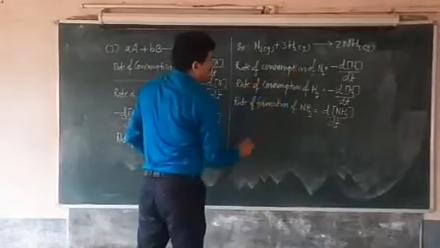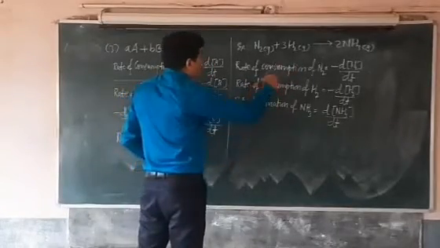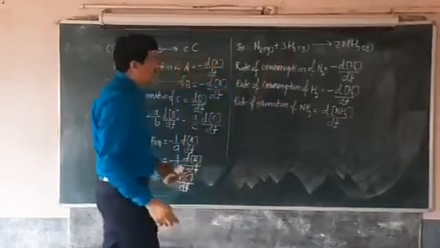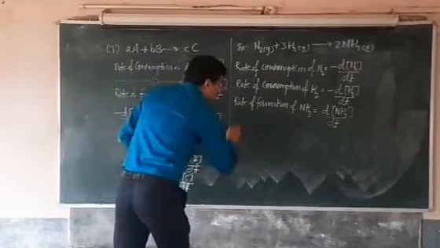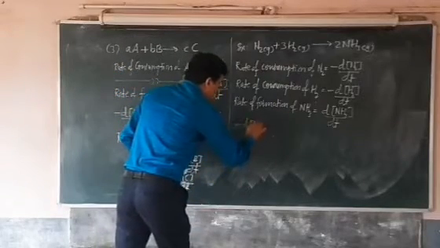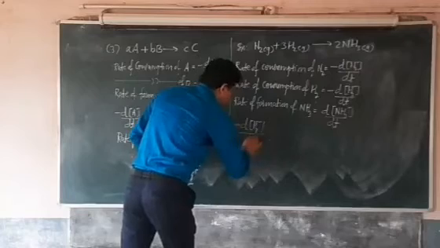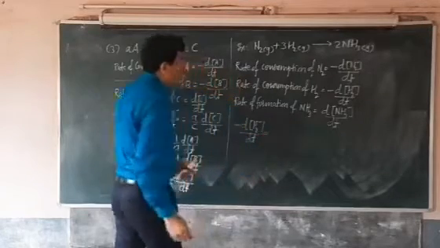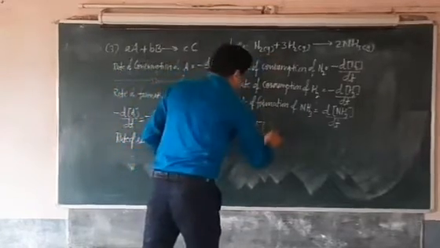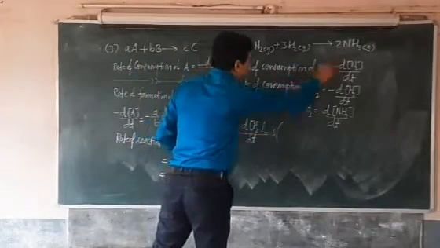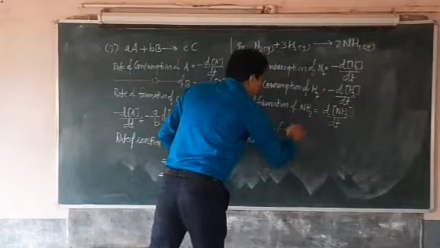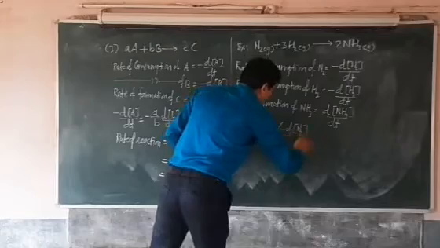Rate of consumption of N2 and rate of consumption of hydrogen are related in this way. Rate of consumption of hydrogen, minus dH2 by dt, will be equal to 3 times the rate of consumption of nitrogen, that is minus dN2 by dt.